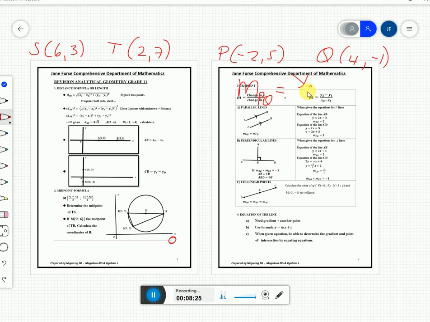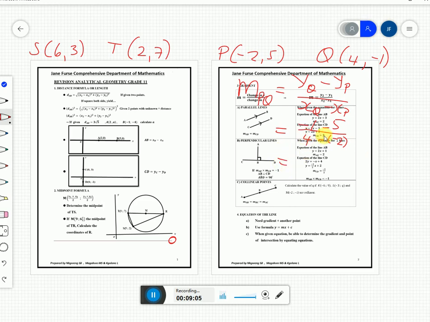Y at Q minus Y at P divided by X at Q minus X at P. Y at Q is -1 minus the Y at P, which is 5, divided by X at Q, which is 4, minus the X at P, which is -2.